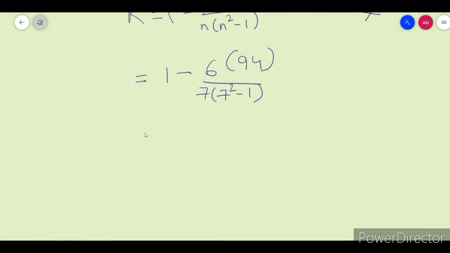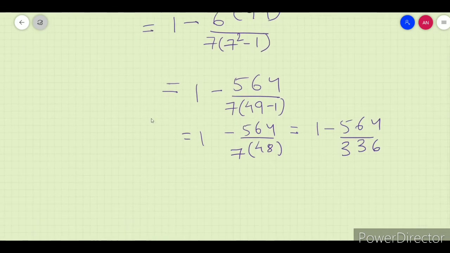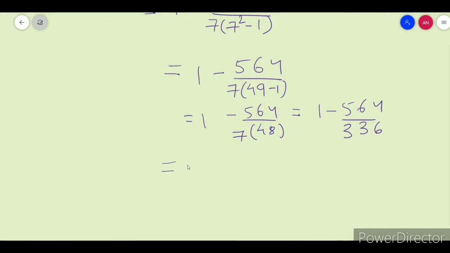We get 6 into 94, 564, 7 square is 49 minus 1, which is 48, and this will give us 1 minus 564 divided by 336, and what we finally get is 1 minus 1.68, and if we take the difference, it is equal to minus 0.68.